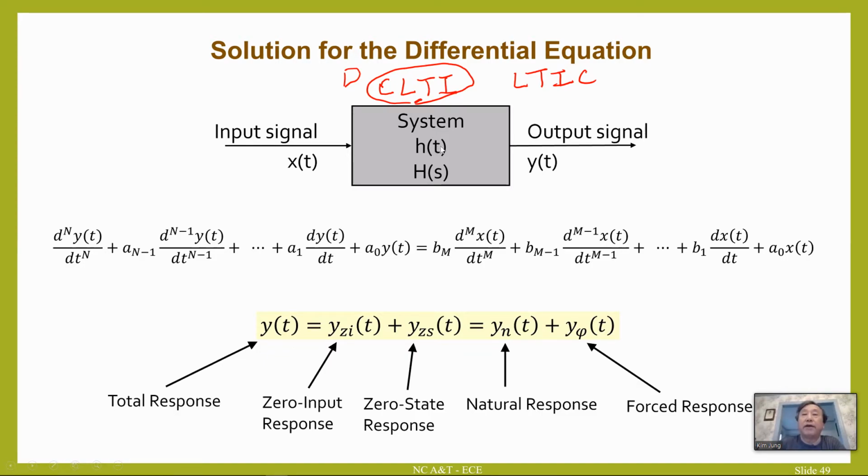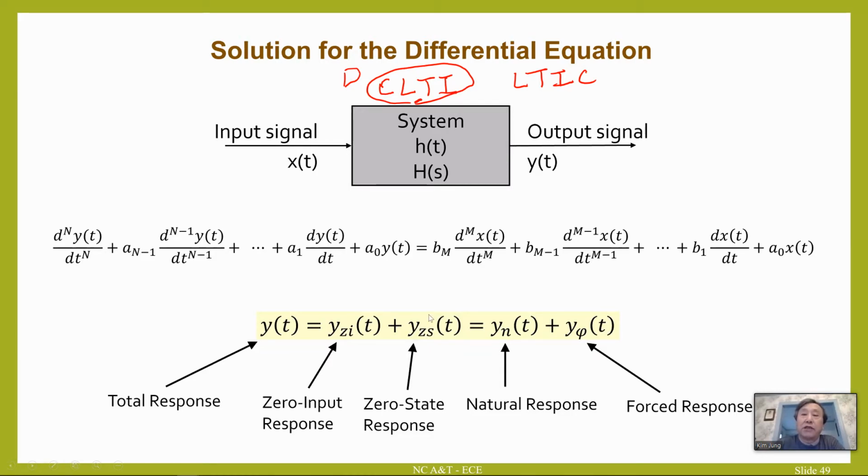If the system is a continuous time CLTI system, then input and output can be represented by a differential equation. In order to solve the differential equation, you should be able to find the total response. The total response consists of the zero input response and the zero state response.